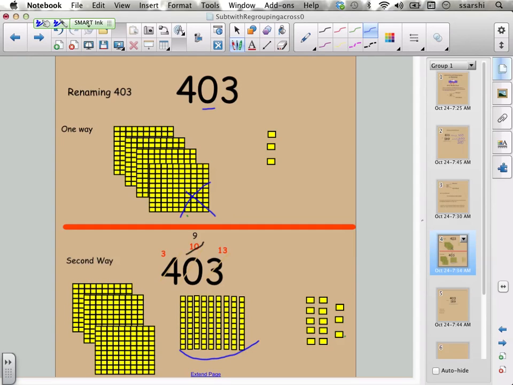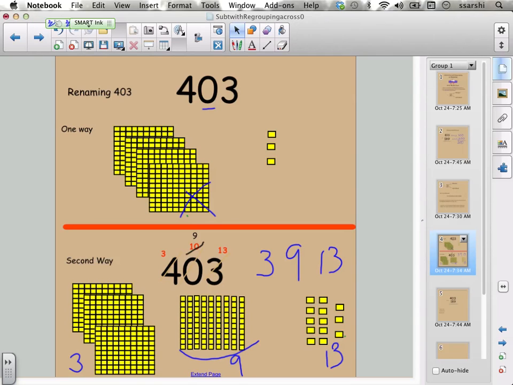So I'm going to make another trade, trading in one of the 10 blocks, which results in 9 tens blocks, and over here 13 ones blocks, and here 3 hundreds blocks. So I've renamed 403 to be essentially 3 hundreds, 9 tens, and 13 ones.